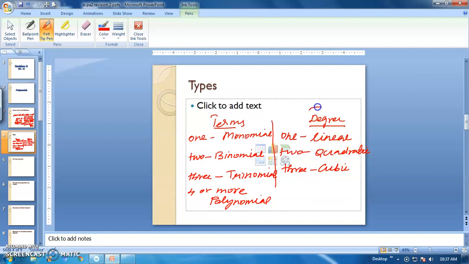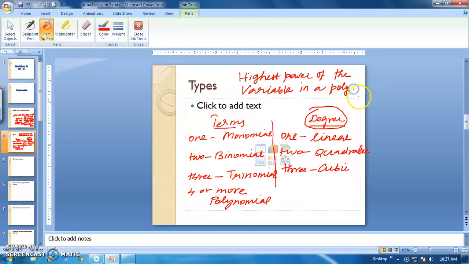So what is degree? How can we define the degree of the polynomial? The highest power of the variable in a polynomial is known as the degree of the polynomial.